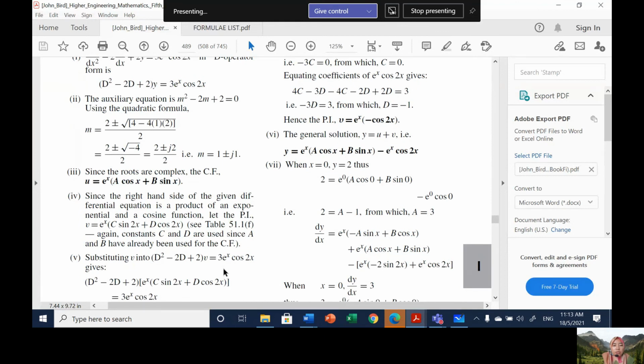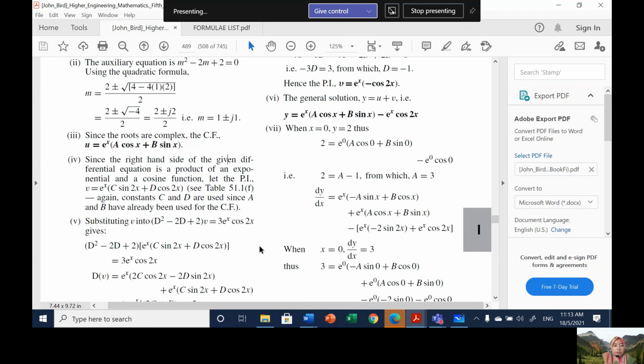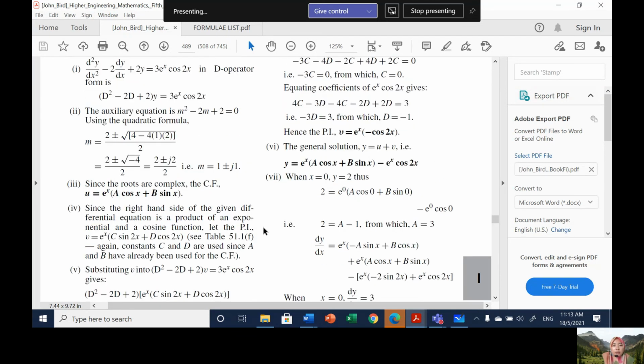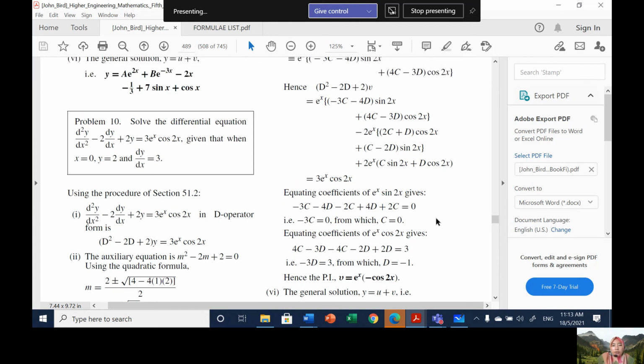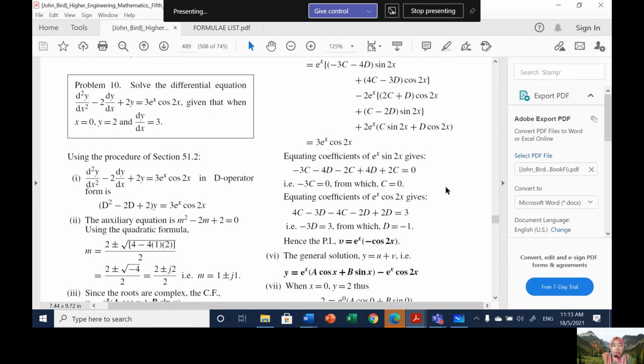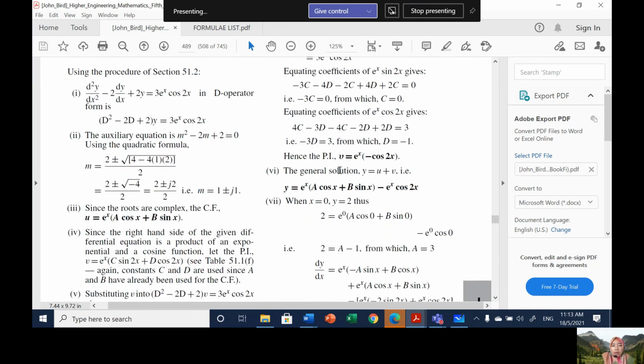So your YP will be this exponential and trigonometric product. Then find the first derivative, second derivative, and then equate the left hand side to the right hand side. Just compare, and you'll get the constants used in that YP. And then don't forget to write down again the general solution.